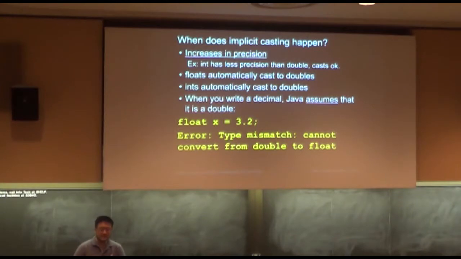Okay, so we can see an even simpler example of that here with this example. Float x equals 3.2. The error that we get when we attempt to compile this, and you will see examples of this in the lab on Friday, is this type mismatch. The Java compiler will say, cannot convert from double to float.